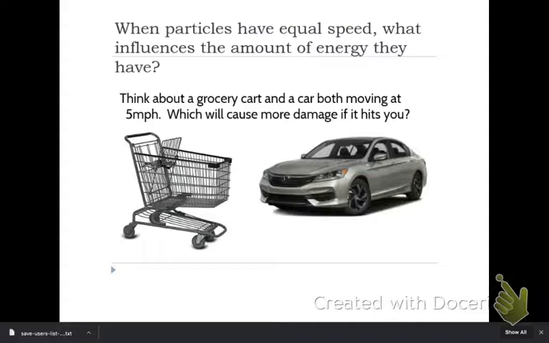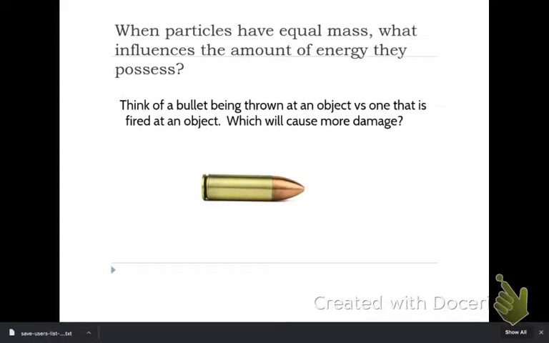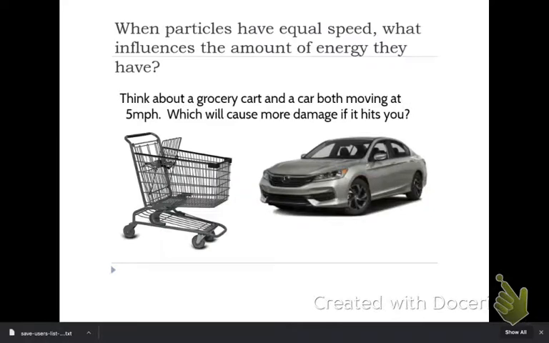So what could we do to make these bullets have equal energy? Since they have the same mass, you could slow one down, or you could speed the other one up. Same thing with different masses: we could make the grocery cart have the same energy as the car, but we'd really have to speed it up.